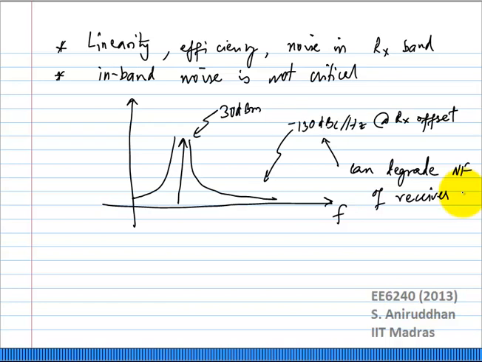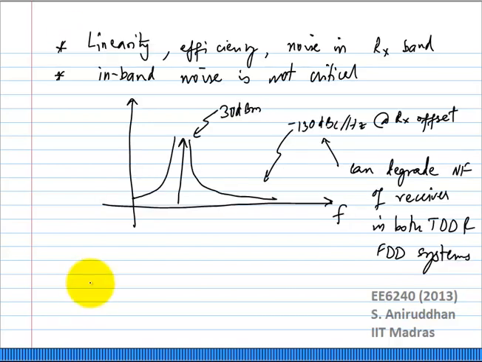So there will still be a specification as to how much noise the transmitter can actually put out in the receive band. Okay? So this can happen in both TDD and FDD systems.